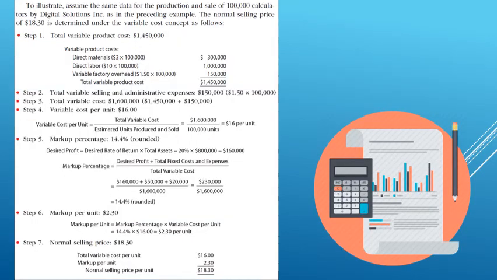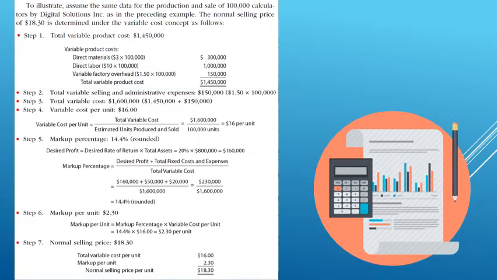To give an illustration, we have here an example of, let's say, the Digital Solutions Incorporated, and from the data of the production and sale of 100,000 calculators, the normal selling price is 18.30.